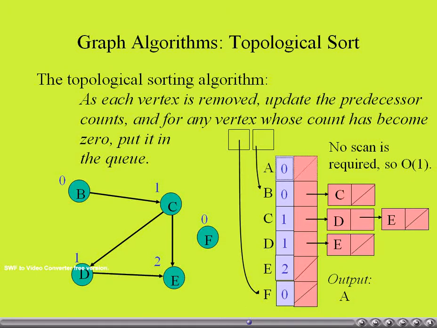Like this, when we remove a vertex, we reduce its adjacents' predecessor counts by 1, and if the predecessor count becomes 0, that node will be pushed into the queue.